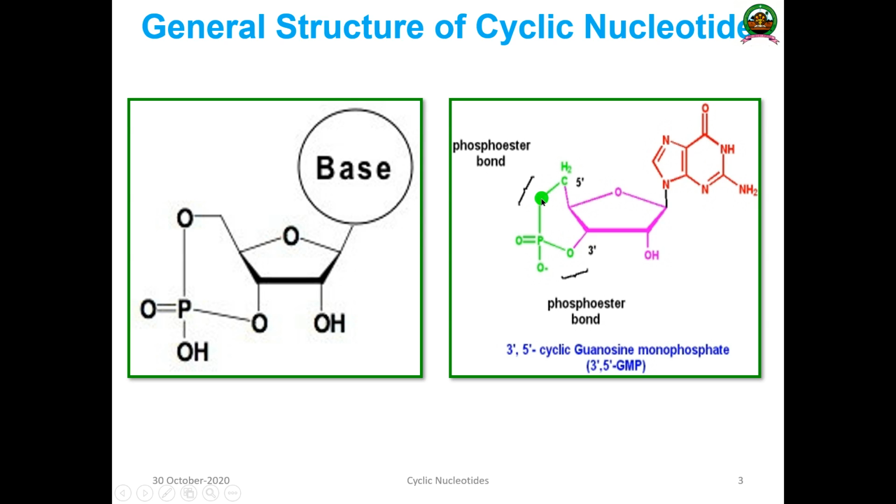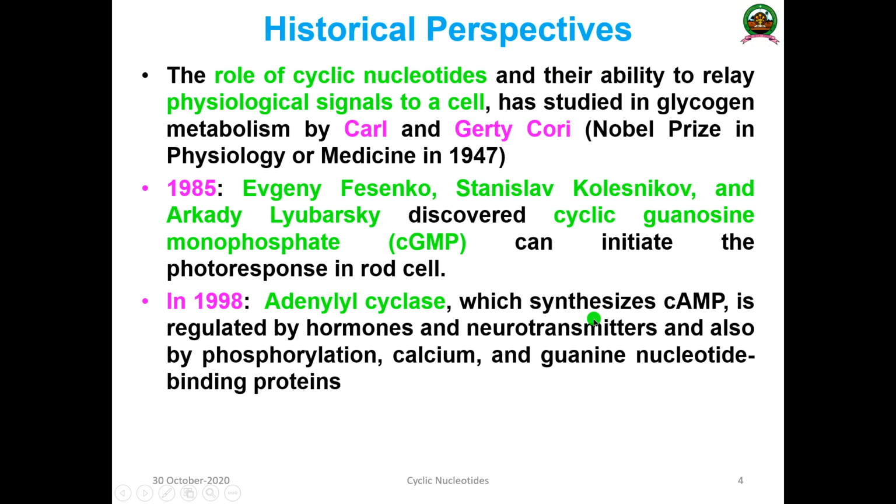The removal of a molecule of water takes place, and the oxygen is shared like this. So these are the two bonds, one at 3' and another at 5', forming a cyclic ring. Two phosphodiester bonds are produced. This is the general structure of a cyclic nucleotide.